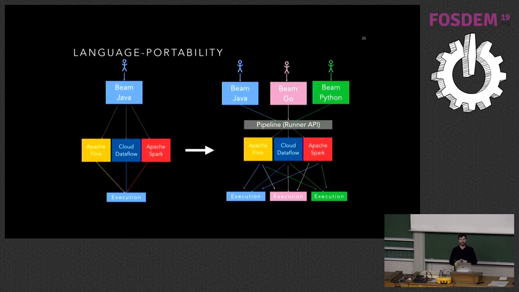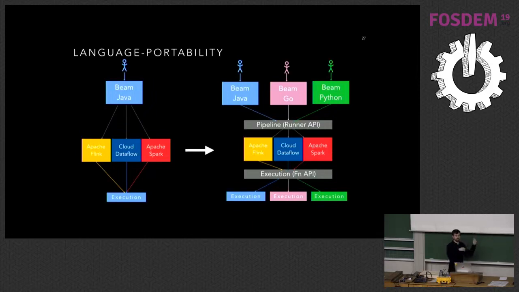So what we did is we introduced the runner API, which takes the pipeline from the SDK and transforms it into a language-agnostic format. It's called the runner API. It's based on protobuf, but that doesn't really matter. It's just a format that is consistent across languages. And then what we also needed is, during execution, we have these language-dependent parts.